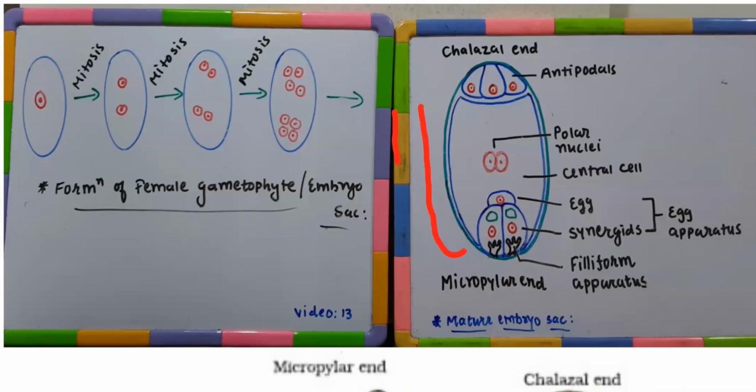Instead of going down, it will grow towards it. And through the filiform apparatus via synergid, the pollen tube will enter inside and release the male gametes. So the function of the filiform apparatus is to guide the pollen tube to enter the synergid and open inside the embryo sac. Next question.